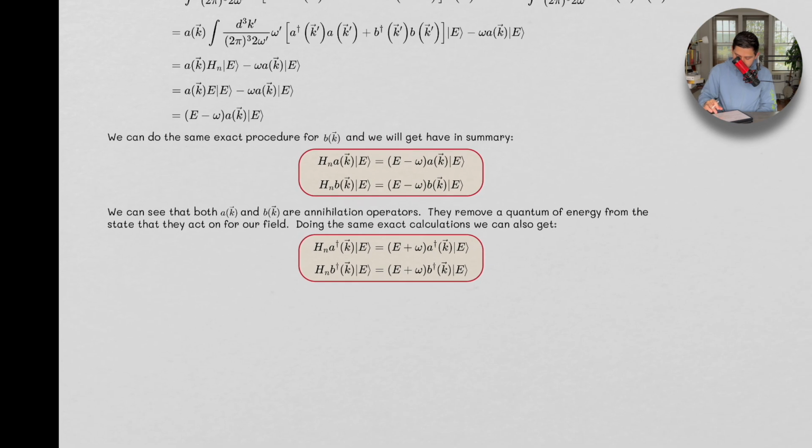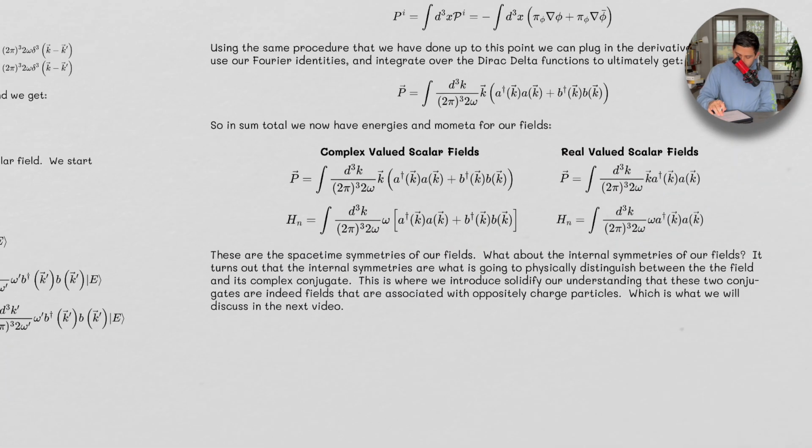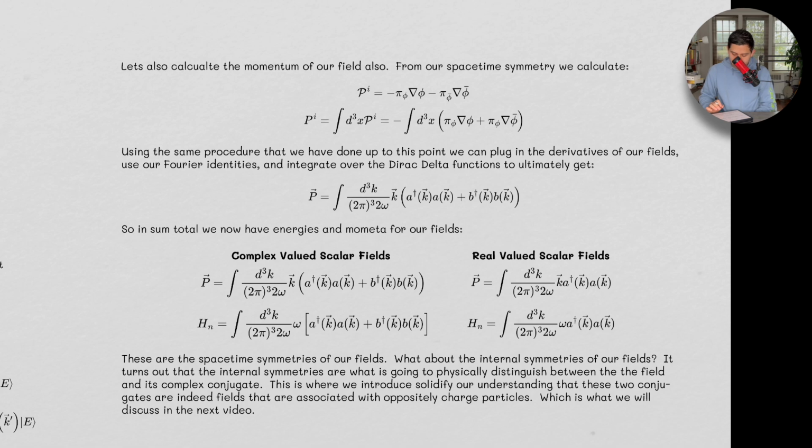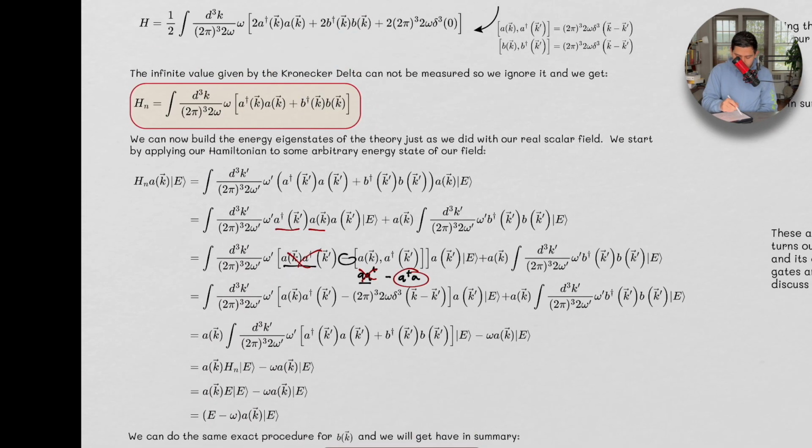And then we can also do the same thing for our daggers, and so we get these two guys. So in total, what we have is the energy for our field, when we're integrating over some volume.